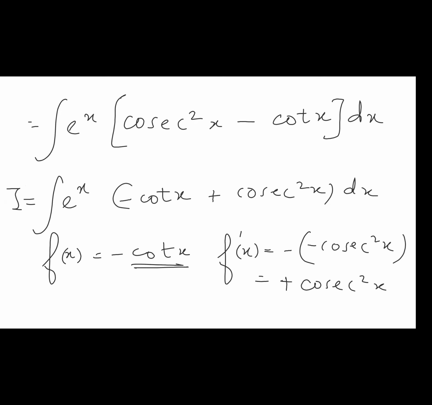So if you carefully take a look at this, the first term is f of x and the second term is f dash x. So the final answer over here will be e raised to x f of x plus c, as per the property which is being taught to you currently.